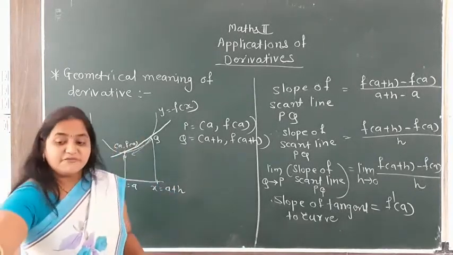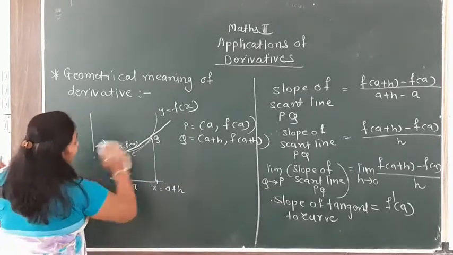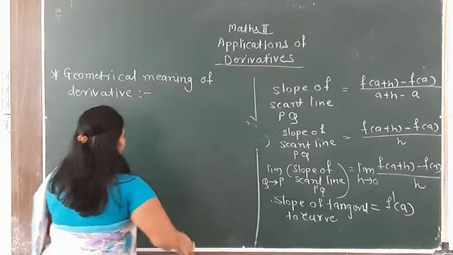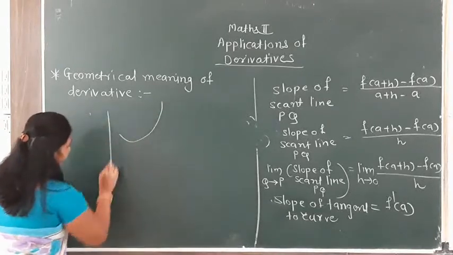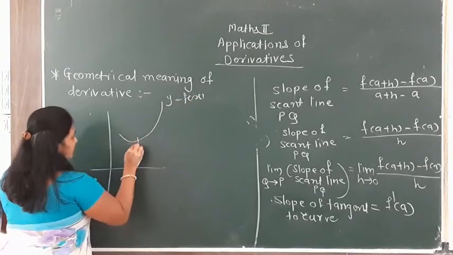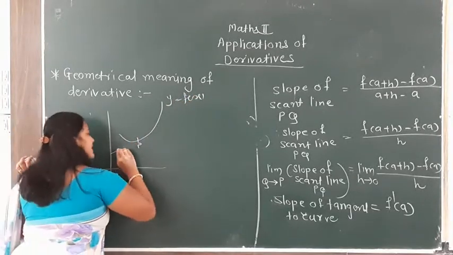Now, next, we know that any line perpendicular to the tangent is considered. Suppose this is my curve y is equal to f of x, this is my point P, and this is my tangent.